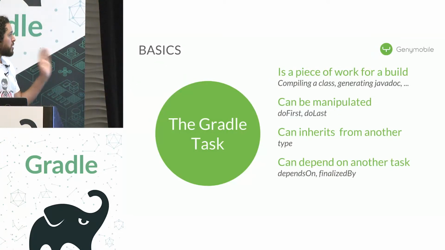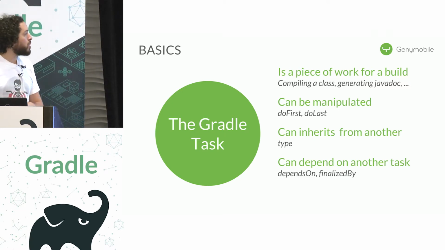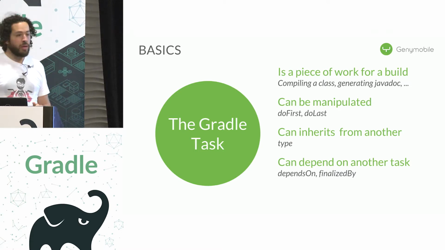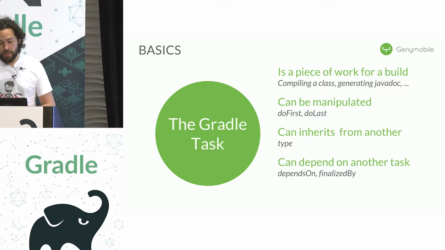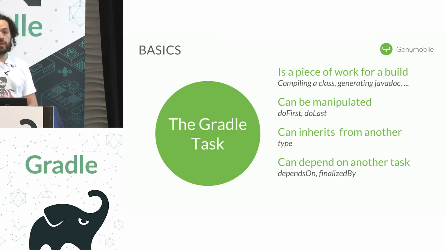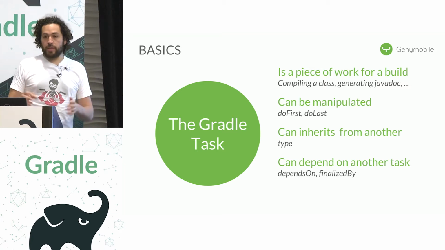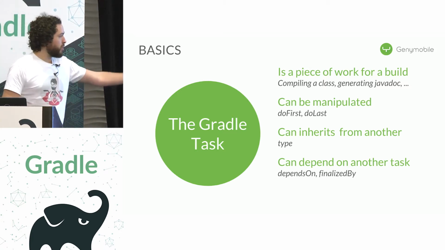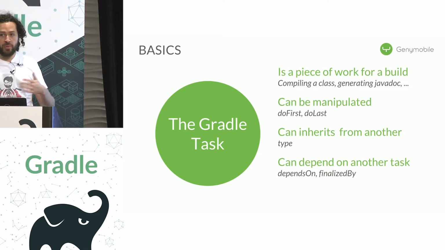Okay, another basic: the Gradle task is a piece of work. You can manipulate it with a few endpoints. You have two examples, doFirst, doLast, etc. Gradle tasks have types. You can inherit from tasks, so you can extend them. And you can link tasks to each other. To link, the concept in Gradle is called a dependency. And there are two examples of methods that you can use to link two tasks.